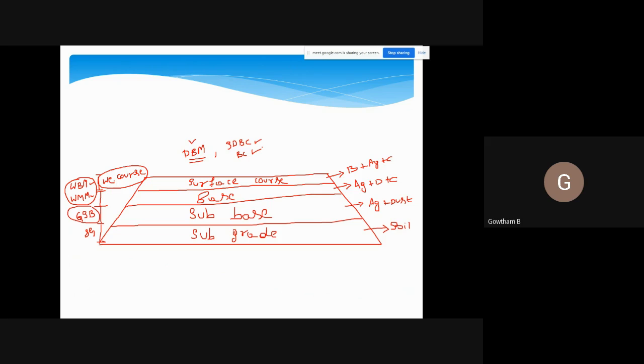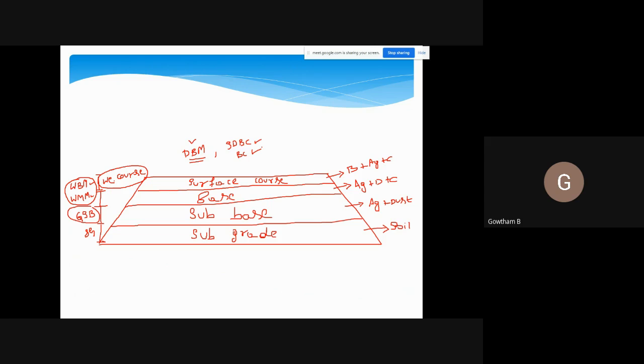Therefore, at the last we are going to study the steps involved in construction of dense bituminous macadam, the tests we have to perform for this, and the specifications of those tests. That's what we are going to study in this surface course, and also the steps involved in the construction of SDBC, that is semi-dense bituminous concrete or bituminous concrete, the tests we have to perform on this layer and the specifications.